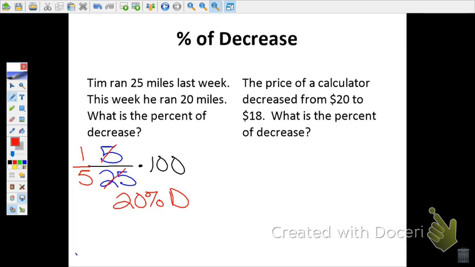And then the last one says the price of a calculator decreased from $20 to $18. What is the percent of decrease? So what is the change? Our change is $2. The original price was $20.